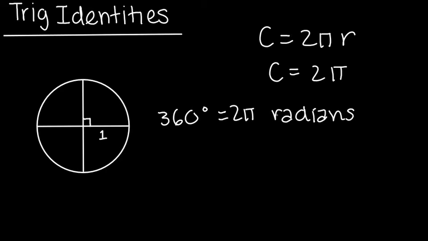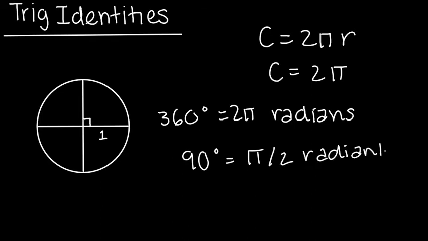This is just a different form of measurement for our circle lengths. So if we have 90 degrees, it's equal to pi over 2 radians. And so on.